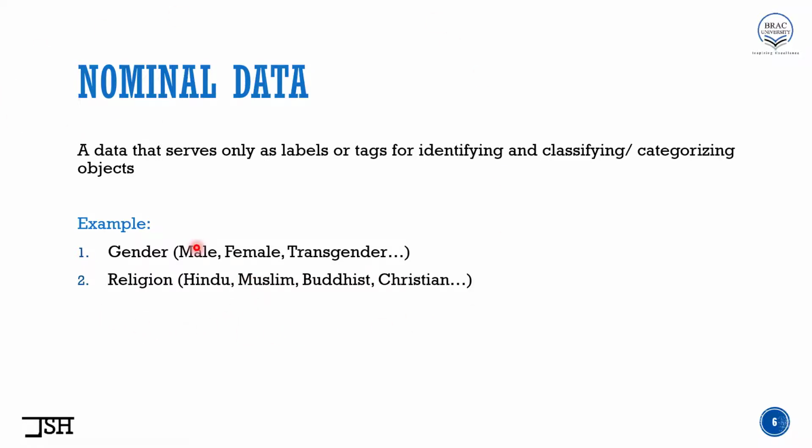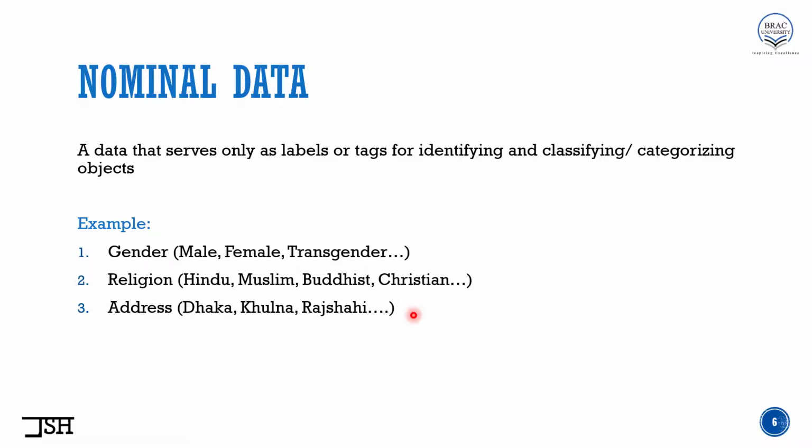Now let's move on to the final example, address. If I ask you the question, what is your address or where do you live? And if I give you a blank space to write your answer, then you can write either Dhaka, Khulna, Rajshahi, Lalmatia, Dhanmondi, or whatever you want. Now say you write down Dhaka.